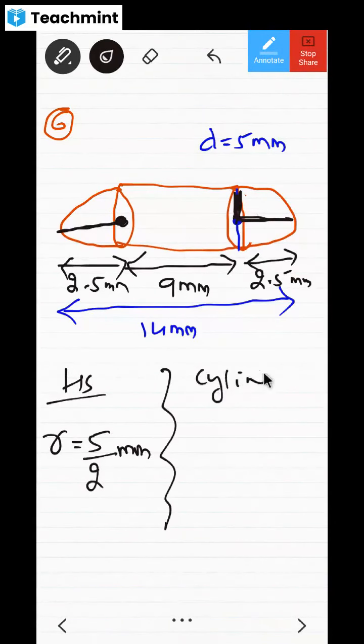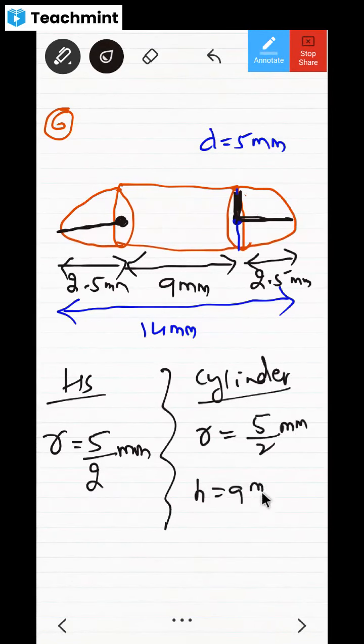The radius of the cylinder is again 5 by 2 millimeter, because the radius is the same for the cylinder as well as the hemisphere. And it has a height of 9 millimeter. Clear, dear children?